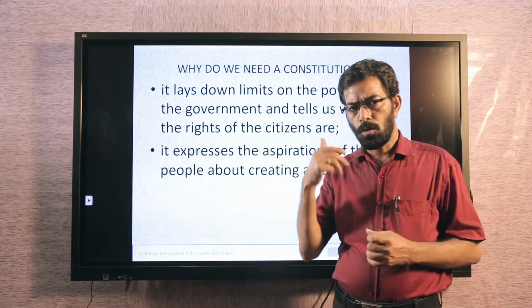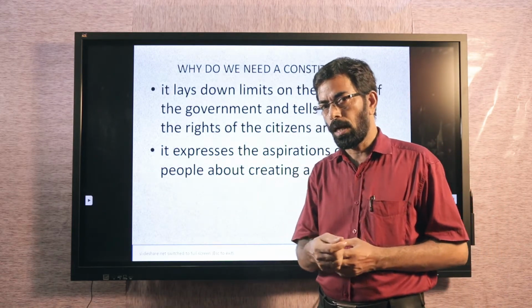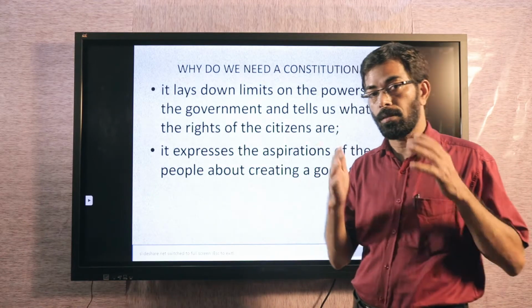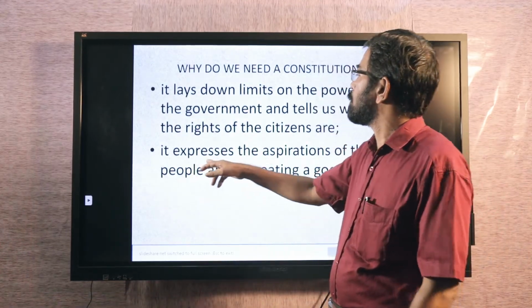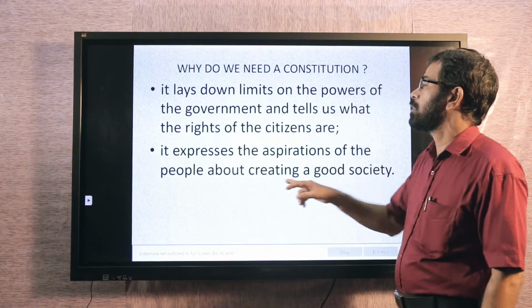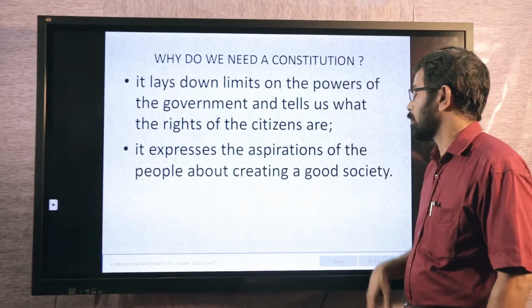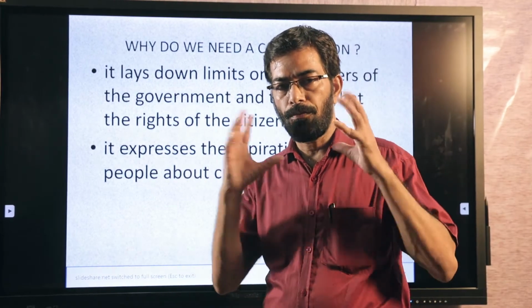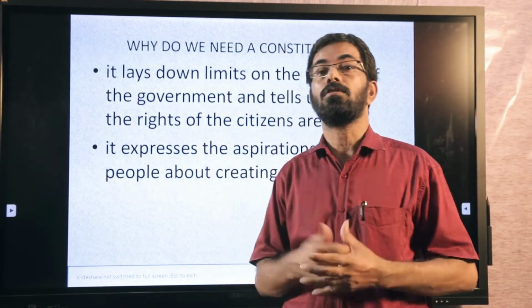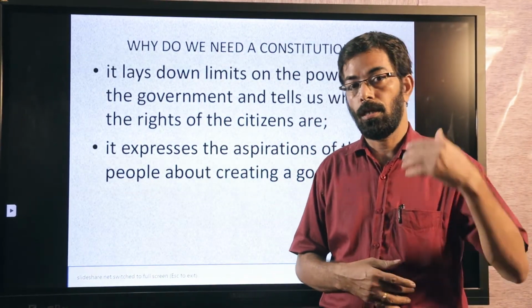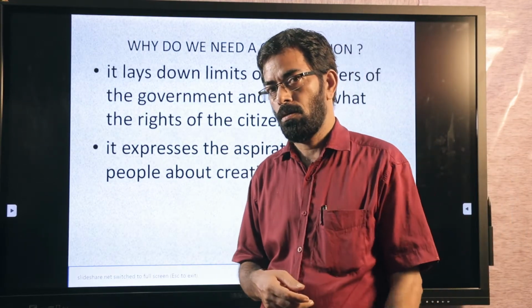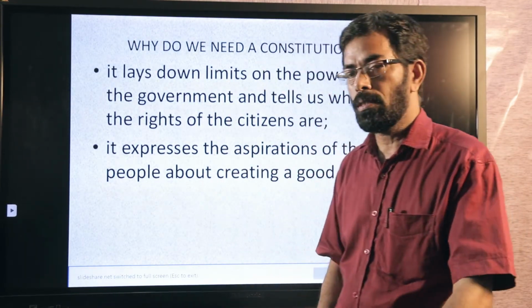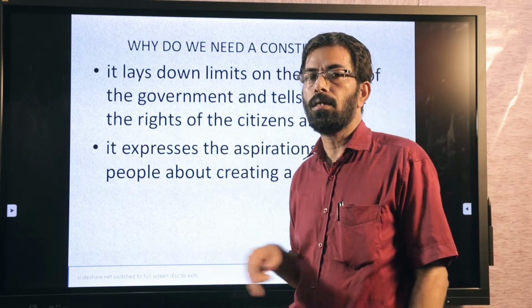It expresses the aspirations of the people about creating a good society. So the constitution reflects the dreams and aspirations of the people. What are their aims and objectives? What are their goals? All these are mentioned in the constitution.